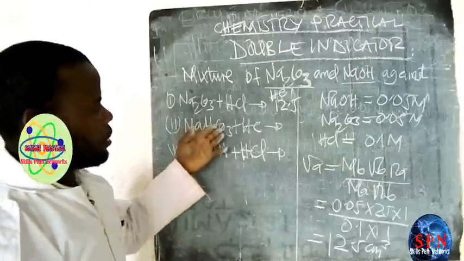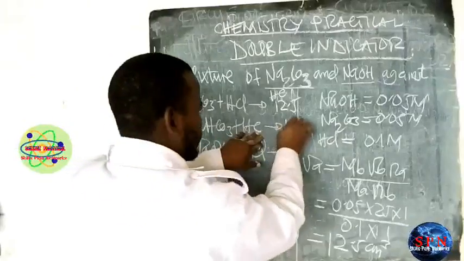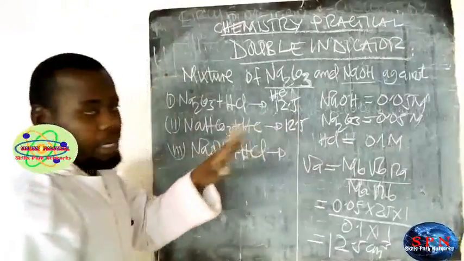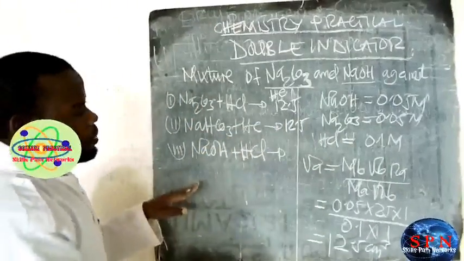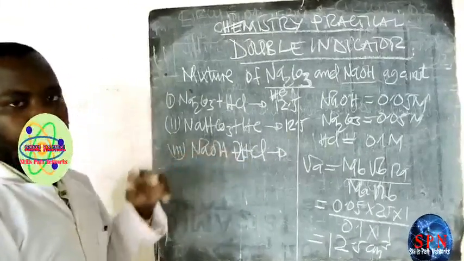Because our ratio is 1:1, the volume here will be 25 under titration. But when you complete the reaction, here will be 2 more.